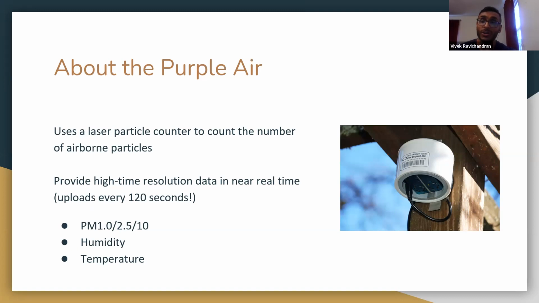This specific monitor uploads data to the cloud approximately every 2 minutes, so you have pretty continuous surveillance. In addition to PM, it also measures humidity as well as temperature, so we can look at correlations between excess heat, PM2.5 counts, as well as humidity. That's another interesting aspect about this monitor.